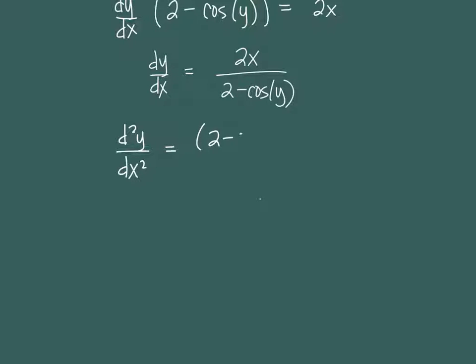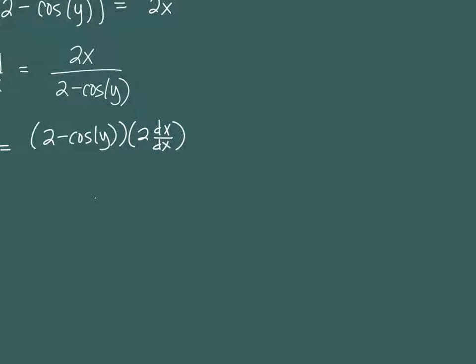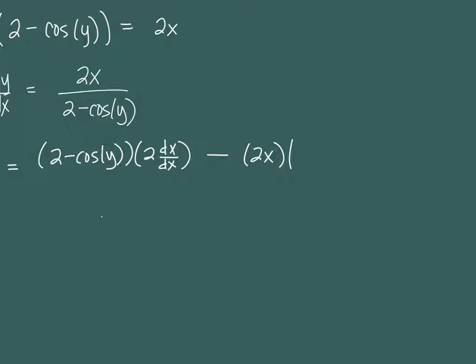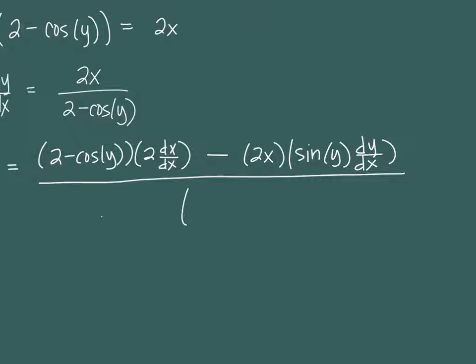So the bottom is 2 minus cos y times the derivative of the top, which is 2 dx/dx, minus the top, which is 2x, times the derivative of the bottom, which is 0 plus the sine of y dy/dx, all over 2 minus cosine y quantity squared.